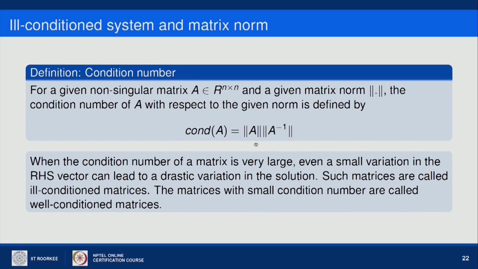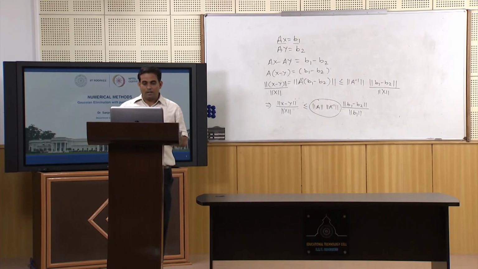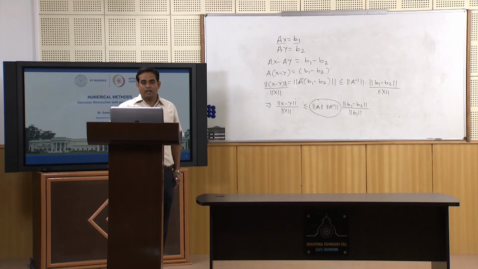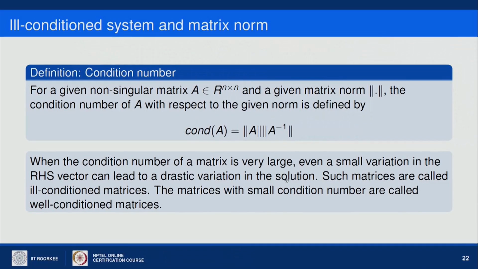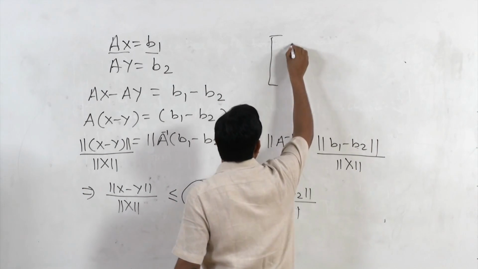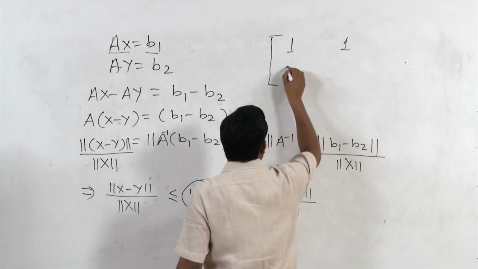If the condition number for a matrix is large, even a small variation in the right hand side vector, that is in B1 or B2, can lead to a drastic variation in the solution, and such matrices are called ill conditioned matrices.